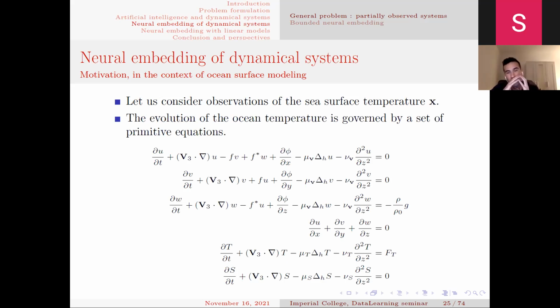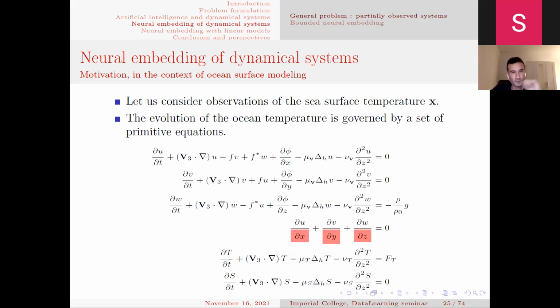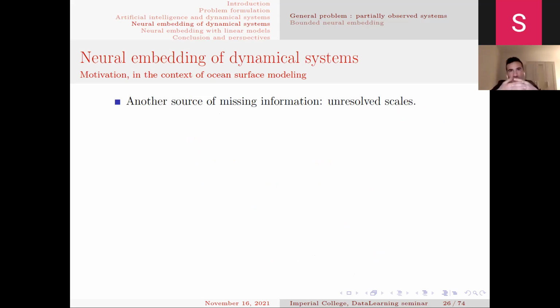And so in this kind of high dimensional dynamical system, our observations are just a tiny two-dimensional layer of a much more complex higher dimensional system that involves other processes and that evolves in 3 dimensions. Now, if we assume that somehow the variability of the ocean surface temperature can be decoupled from the other ocean processes and the ocean depth, there is another source of missing information, which is the unresolved scales.